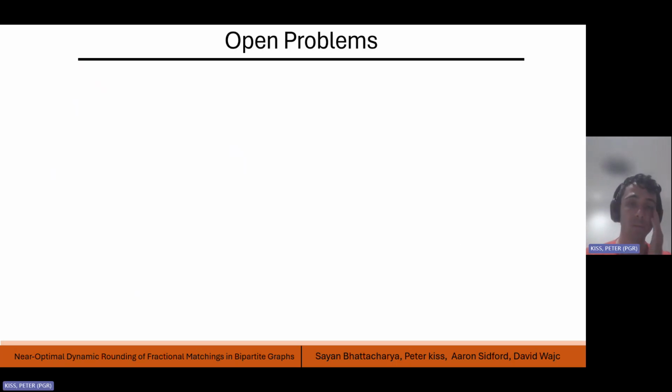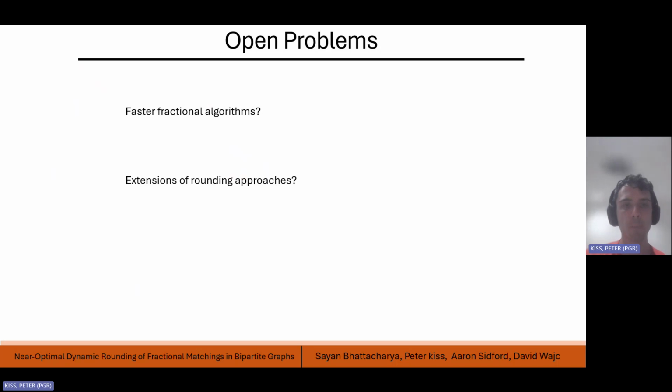So I would briefly talk about some relevant open problems here. Of course, if we could come up with faster fractional algorithms for small approximation ratios, our near optimal rounding framework will raise them to optimal in general. So this probably is the most important direction to go on. But it would also be interesting to see extensions of rounding approaches for weighted graphs or non-bipartite graphs.